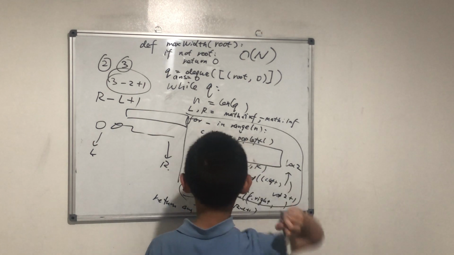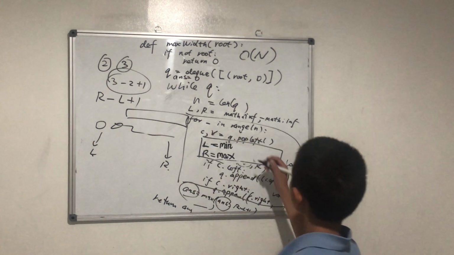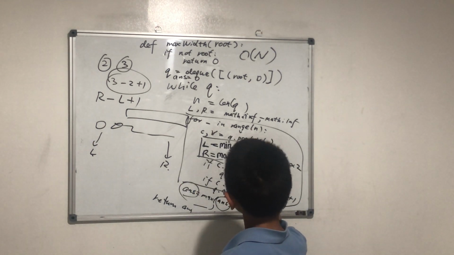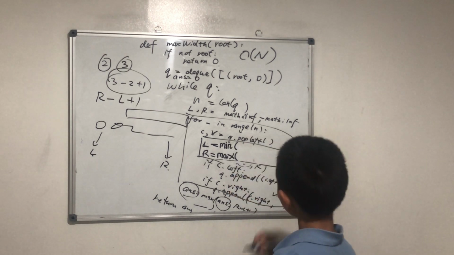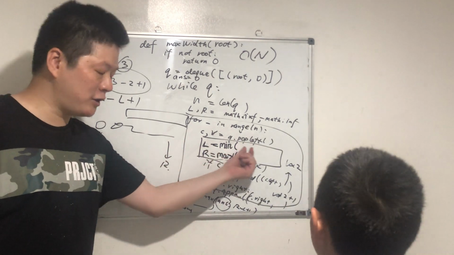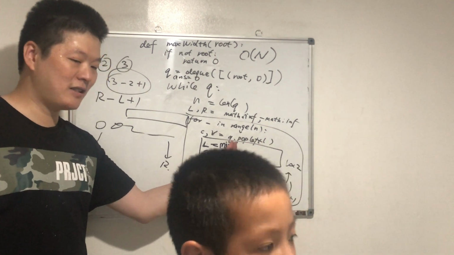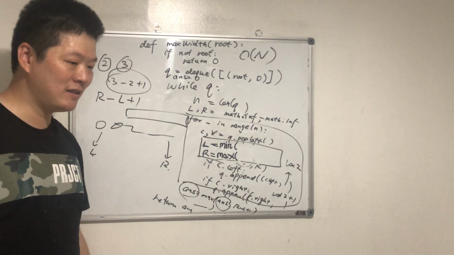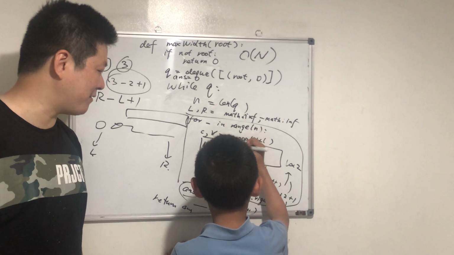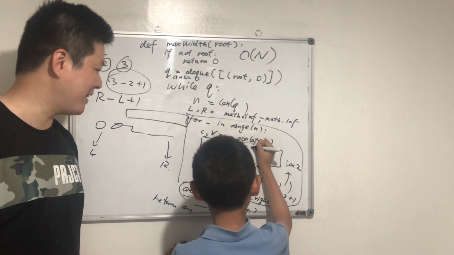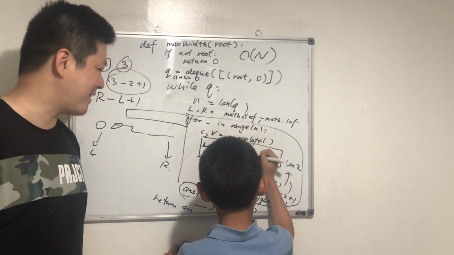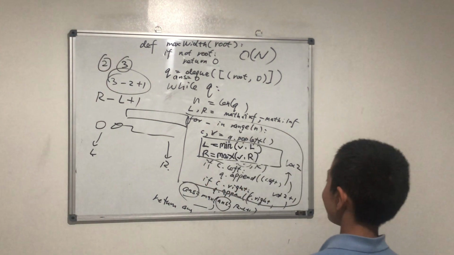We want to update the L with two values. Come on, think about it. It's easy. V and what? And L. Well done. You see, it's not that bad.